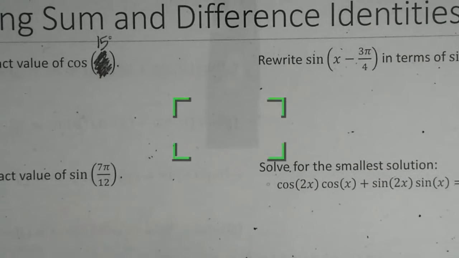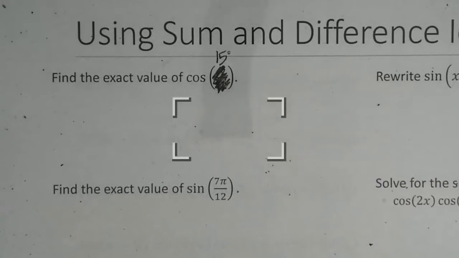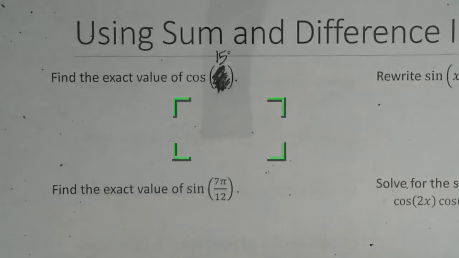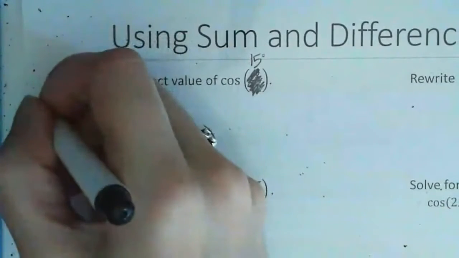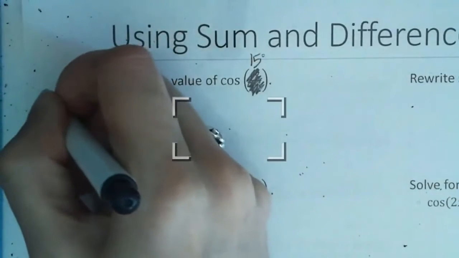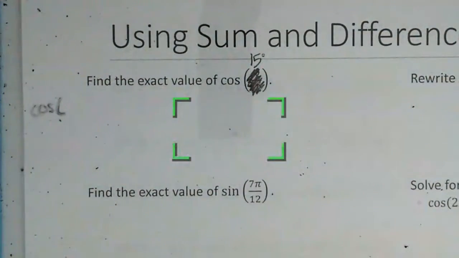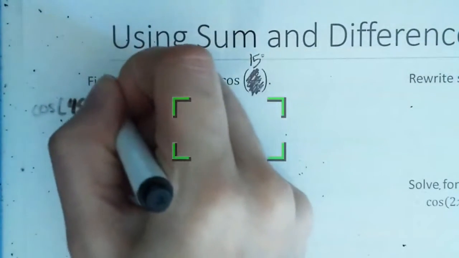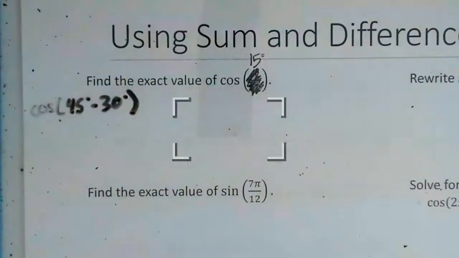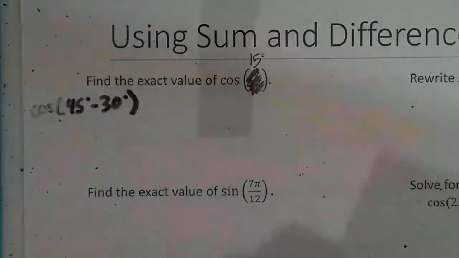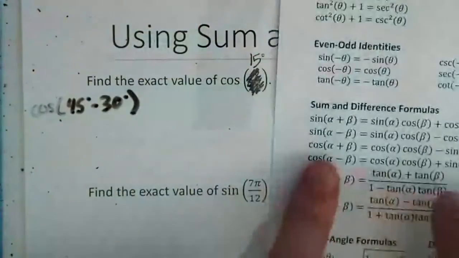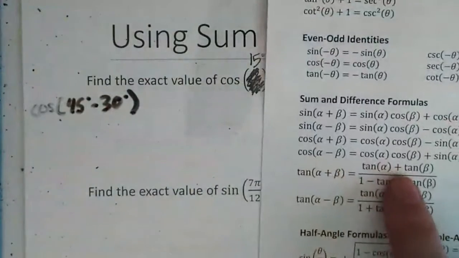So instead of thinking of this as the cosine of 15 degrees, I'm going to think of it as the cosine of 45 degrees minus 30 degrees. I have a formula for how to find the cosine of a difference of angles. That's this fourth one here.